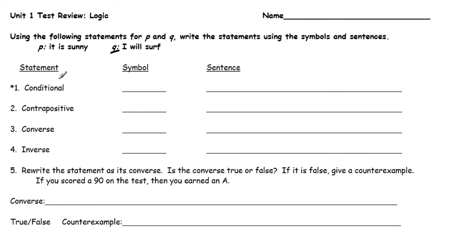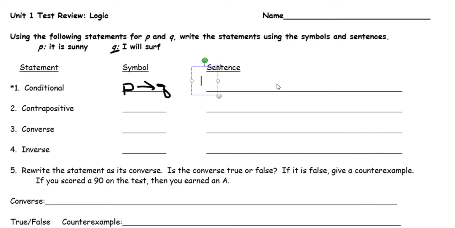So the first statement we want to write is the conditional of P then Q. Remember, a conditional is an if-then statement. And the way we represent that symbolically is P arrow Q, where this is read if P, then Q. For the sentence, we have to fill that part in.